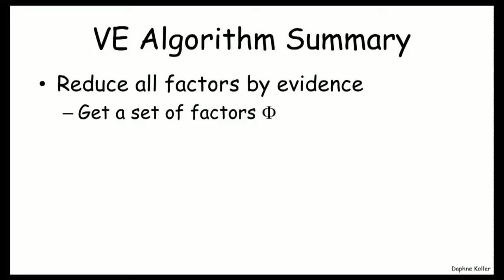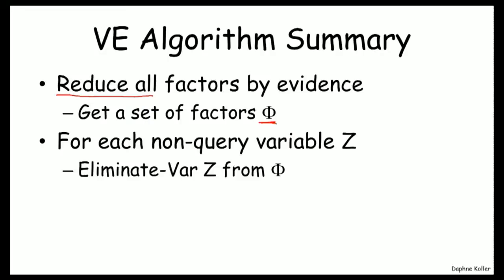We begin by reducing all factors by the evidence, which is just eliminating the rows that are not consistent with the observations. And that is what gets us our set of factors phi. Now, for each non-query variable, we need to eliminate it. And so we run one at a time something that eliminates the variable Z from the set of factors phi. Each such step changes my set of factors.